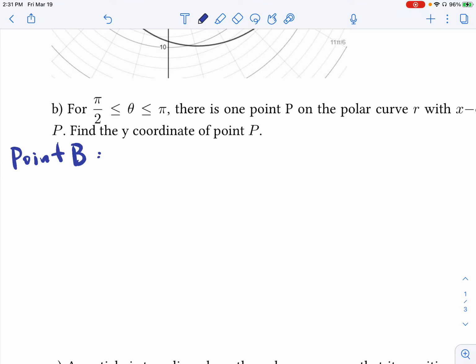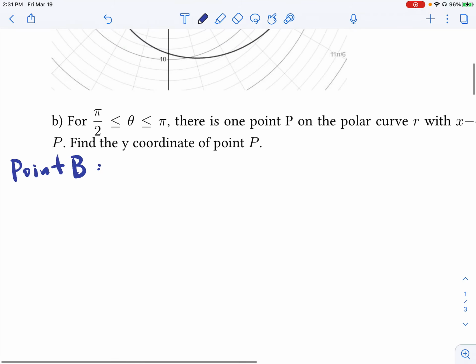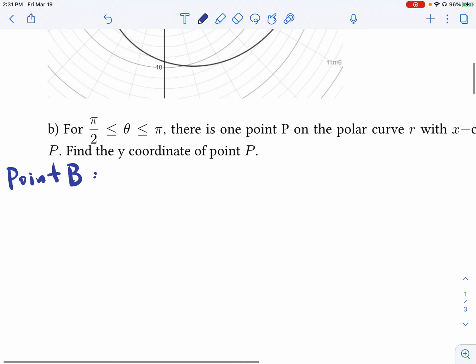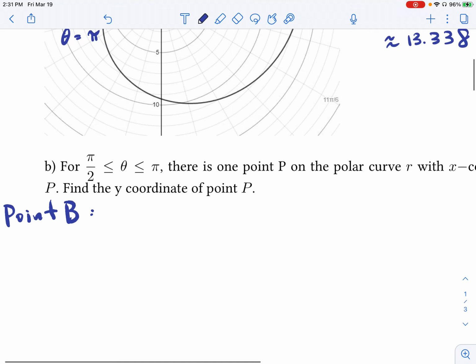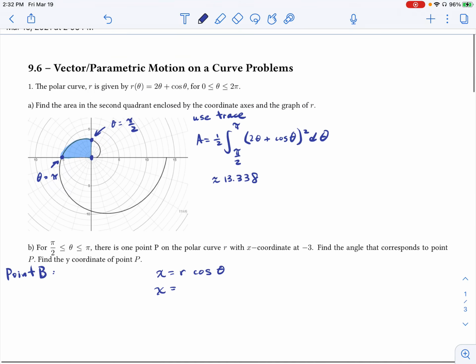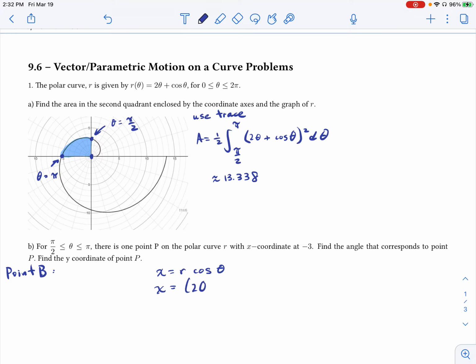For this point, what we're given is that its x-coordinate is -3. In other words, the x equation is r cosine of theta, which means our x equation is our polar function, 2 theta plus cosine theta, times cosine theta.